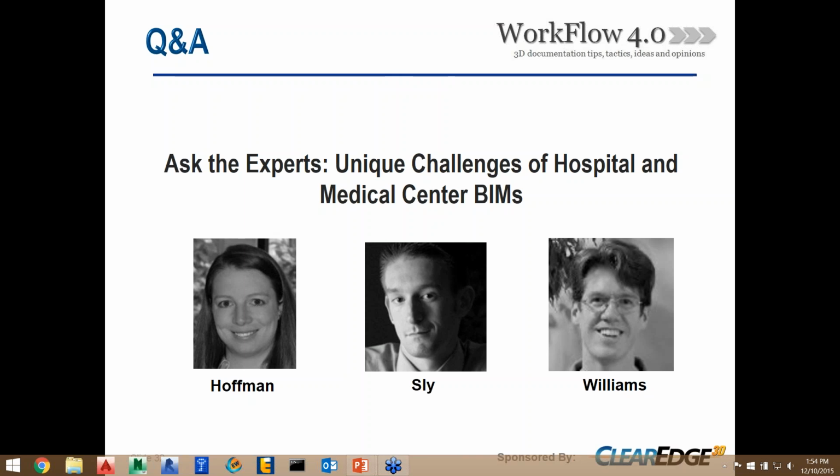Was there any pushback from the owner-operators about paying extra costs for laser scanning up front with the promise of savings later? And if so, how did you deal with that? Some projects we build laser scanning into the budget when we're proposing for the project. Especially if it's a renovation project, we know we're going to scan, so we'll build in the hours for registration and scanning up front because that's just part of our proposal.